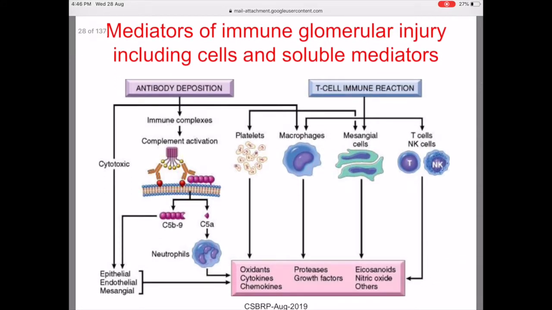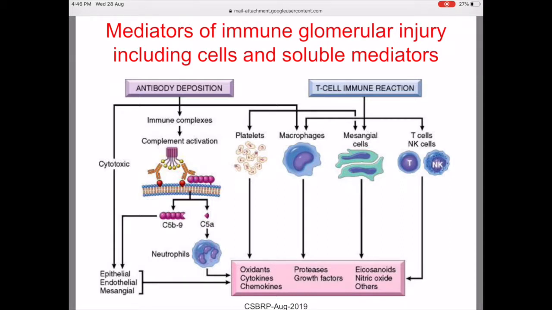You can see here antigen antibody complex deposition is associated with complement activation, with further recruitment of inflammatory cells and liberation of oxidants, cytokines and chemokines, which amplifies the inflammatory reaction.